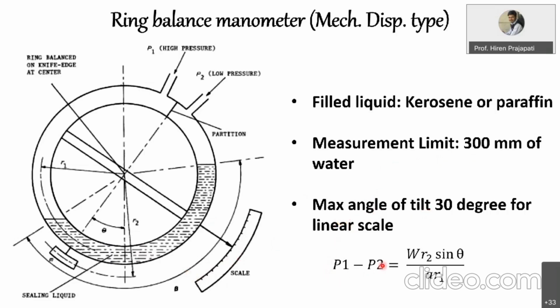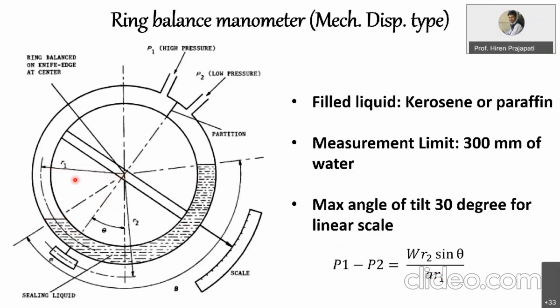Now if you look at how this equation is formed, this P1 and P2, as I told you, differential pressure is applied on this glass tube, right? Because of that we'll have some force here. That differential pressure into small a, the area of this glass tube, so it's pi by 4 small d square, suppose small d is the diameter of this glass tube, right? That is the a, and this r1 is the mean radius of this glass tube from the center.